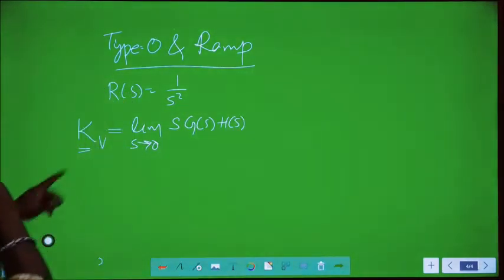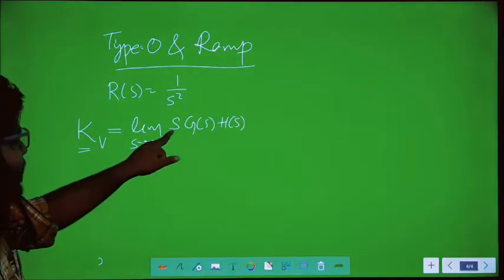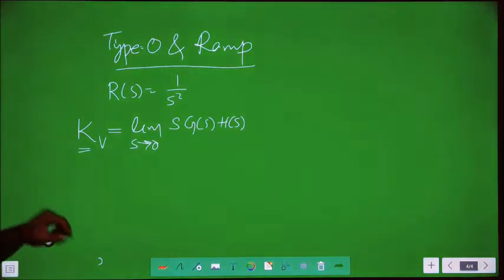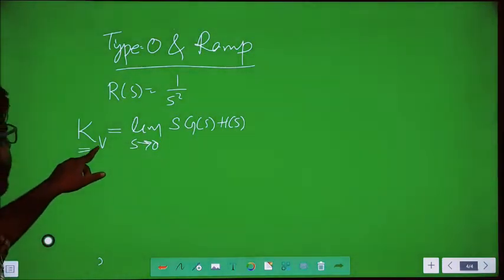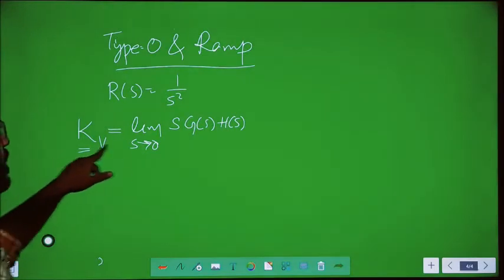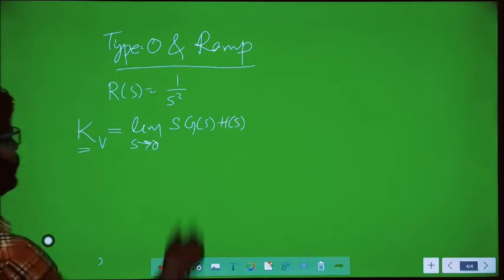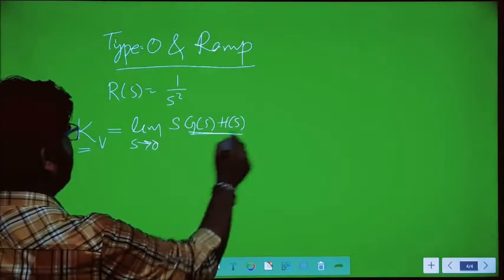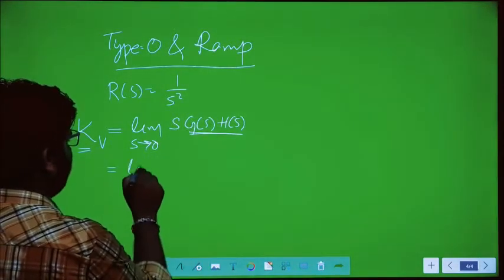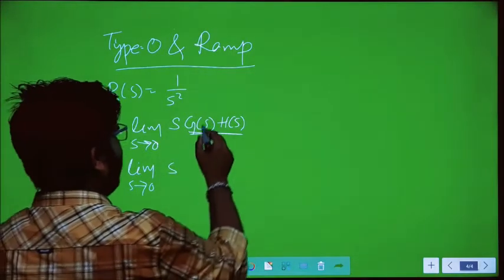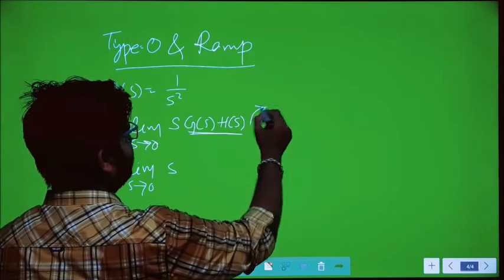Okay? If it is Kp, then there is no s term. If it is Kv, then we have s to the power 1 term. If you have Ka, the acceleration error constant, then we have s to the power 2 term. Okay? So if you replace this, what do we find? Limit s tends to 0, s, and we have seen that this is a type 0 system.